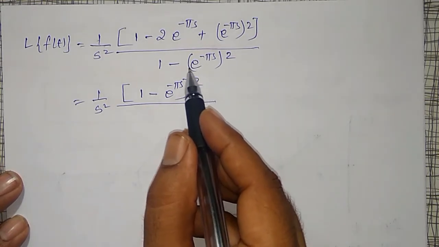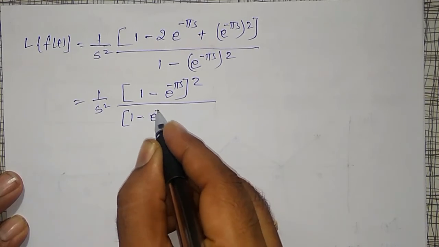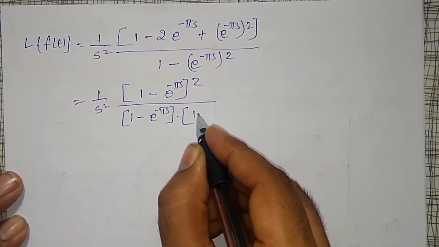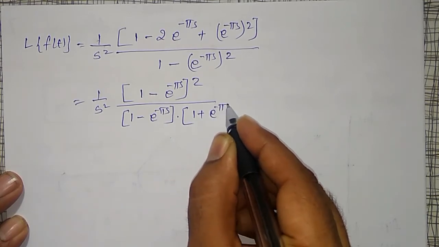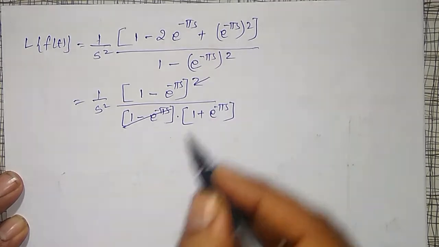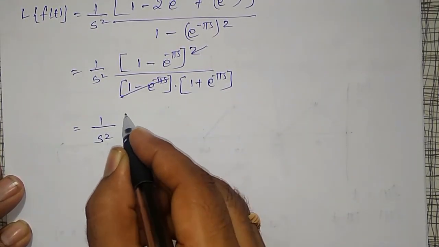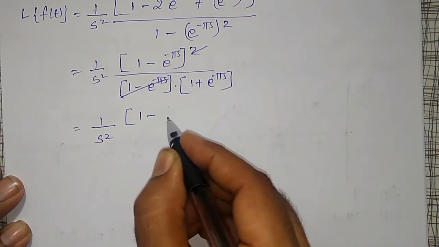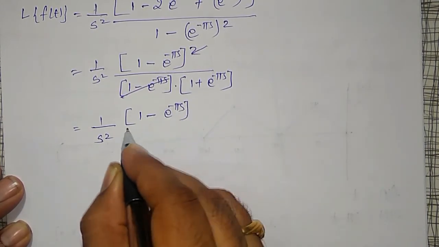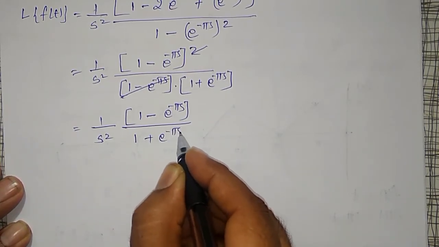I can split it as a plus b and a minus b, as 1 minus e to the power minus pi s into 1 plus e to the power minus pi s. Therefore, one of the 1 minus e to the power minus pi s cancels. I will write it as 1 by s square into 1 minus e to the power minus pi s divided by 1 plus e to the power minus pi s.